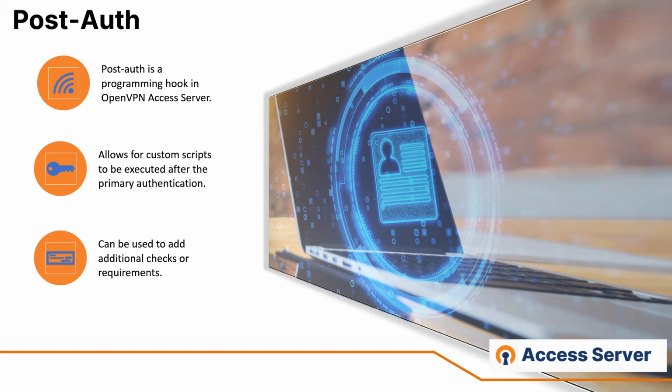Now, this capability is priceless for administrators who want to ensure that users meet specific criteria before gaining access. Whether it's a simple check or a complex requirement, post-auth basically provides the tools to make it happen. Now, let's see how this can be practically applied.